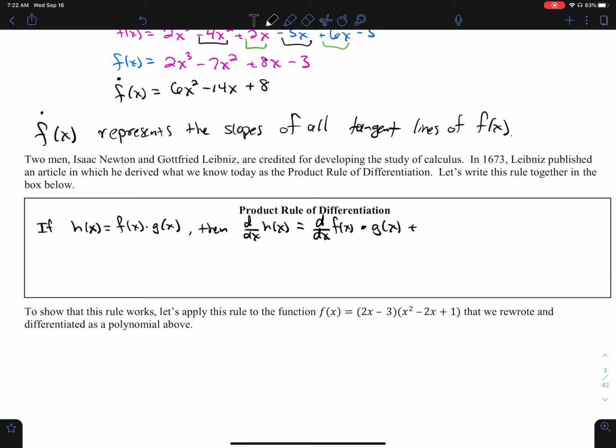Then you add to that the first function times the derivative of g of x with respect to x.